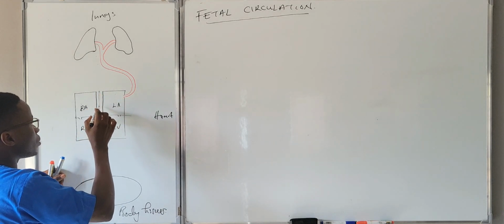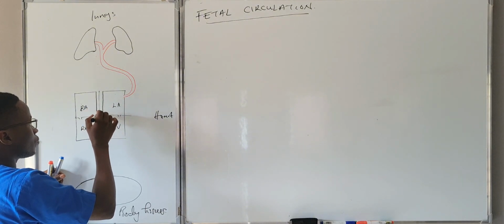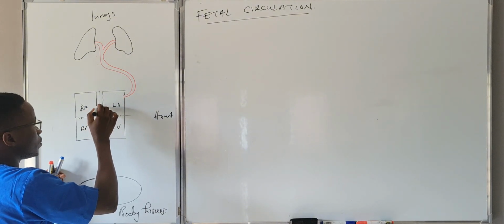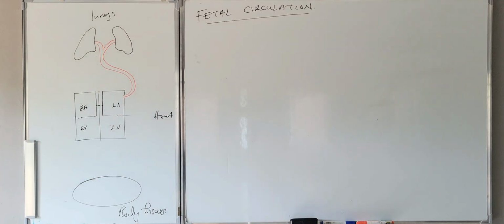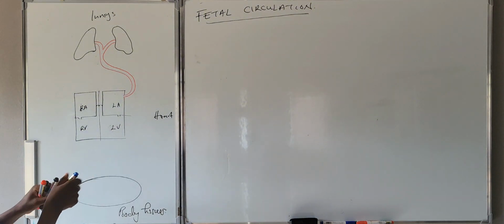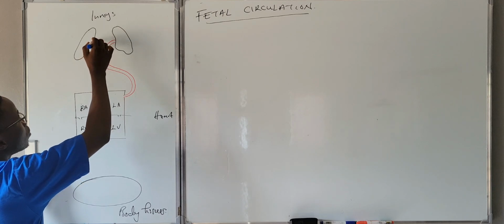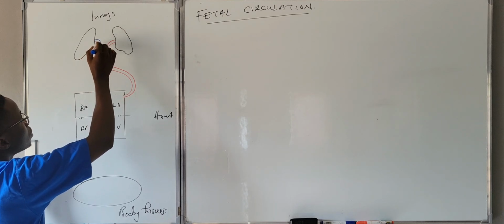So of course, here we also have what is called the pulmonary valve. Perfect. So here we also have the pulmonary artery. Okay, we have the pulmonary artery here.